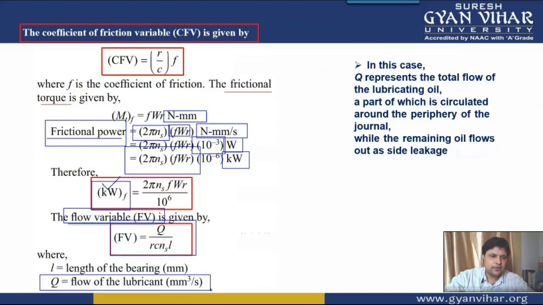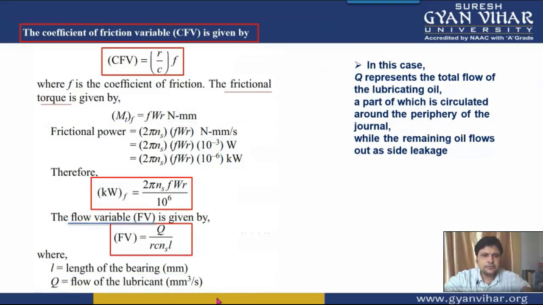Flow variable is obtained by dividing the flow of the lubricant, which is in millimeter cube per second, by this value, R into C into Ns into L.